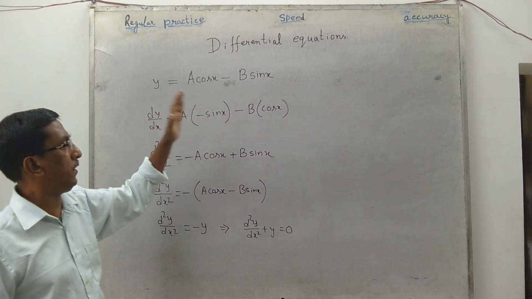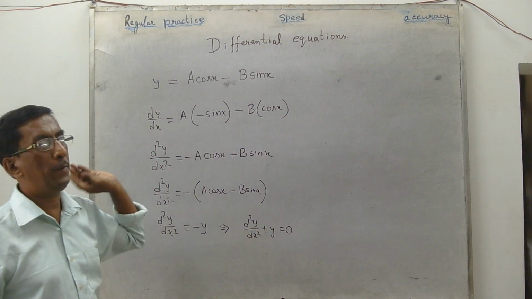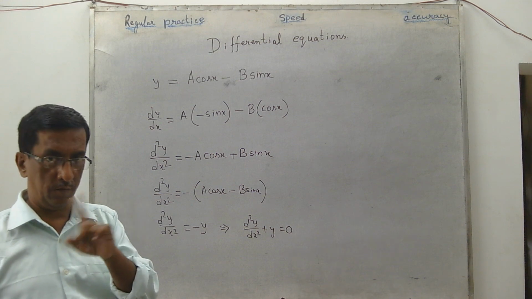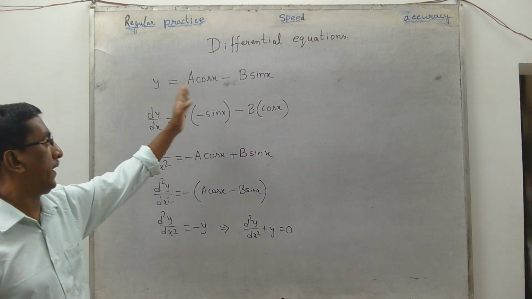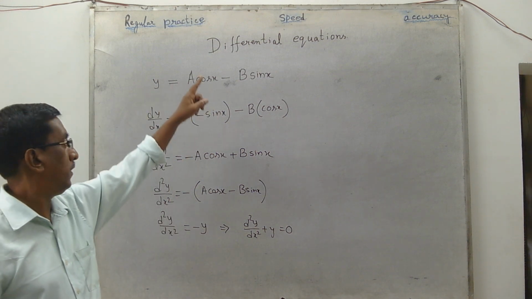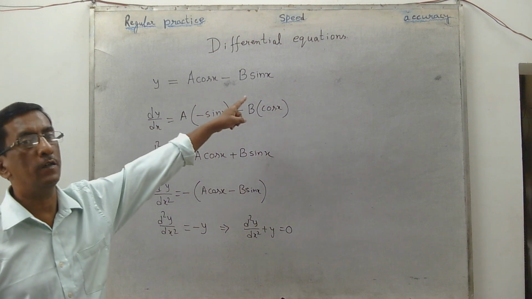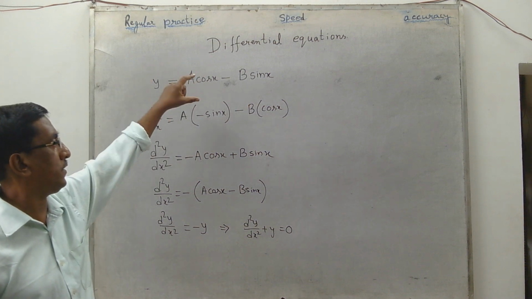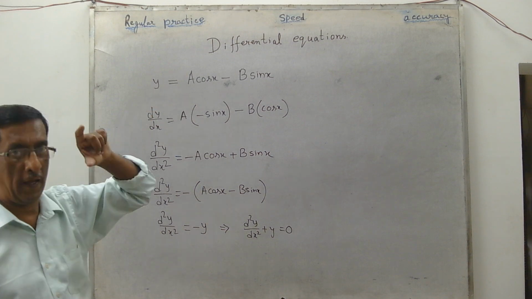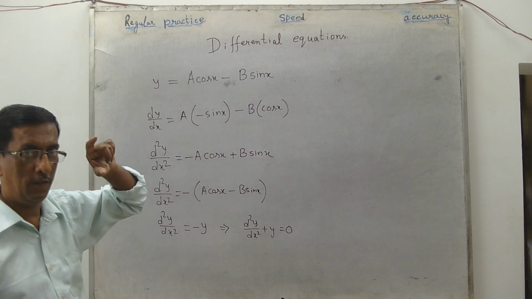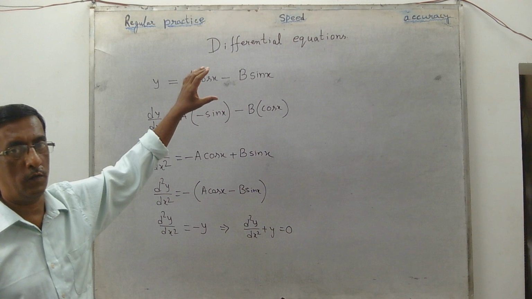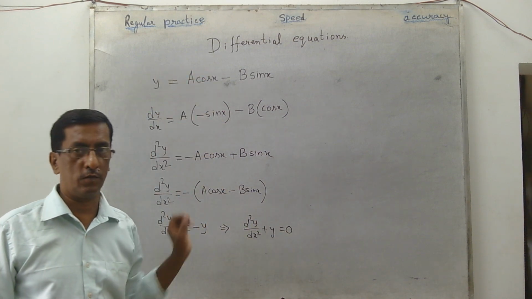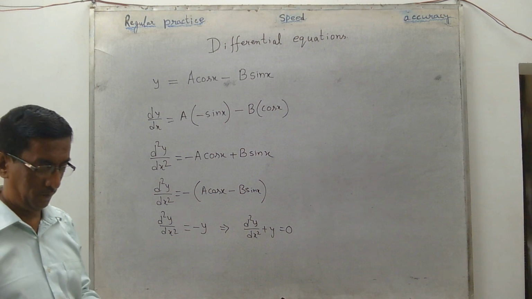So we have separated those dependent and independent variables, and there is a relation between y and x. There is no differential coefficient here. Clear? It has no differential coefficient, so this is a solution of this differential equation. Clear? Next.